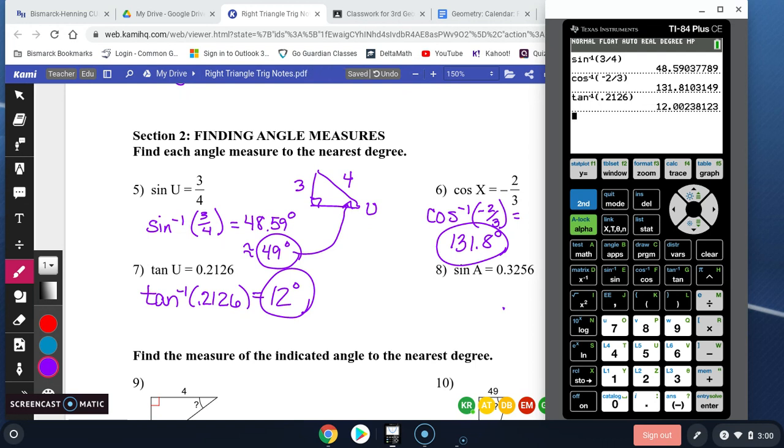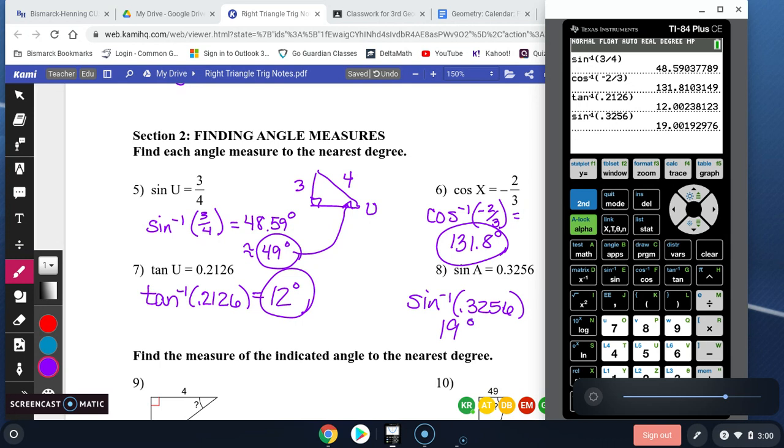Then sine. So again, second sine, inverse sine, 0.3256, and you get 19 degrees.